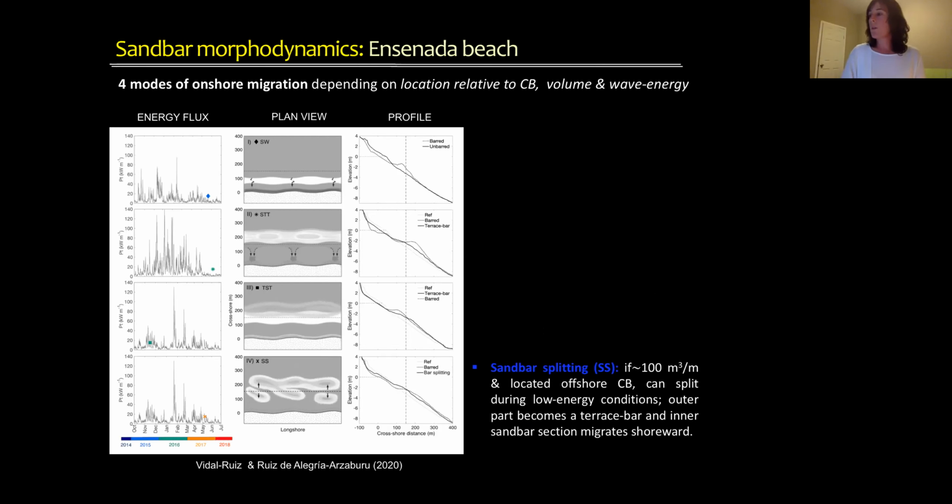And we also saw the splitting of the sandbar, when a sandbar located near the cross-shore boundary with a fair amount of sand split during low energy conditions. So the outer part migrated offshore following a net offshore migration cycle, while the inner part crossed this cross-shore boundary and migrated shoreward during the low energy period.